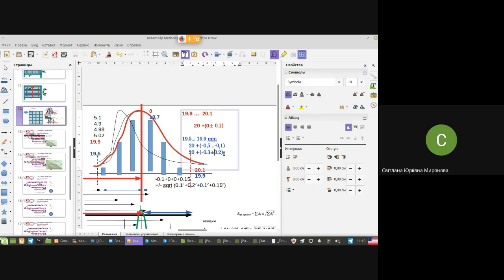Understand, I hope. Well, once again, how to work with these fields? You need to understand where you have a middle. What is the coordinate of the middle with respect to the basic size? The basic size is this one, 20, each time.